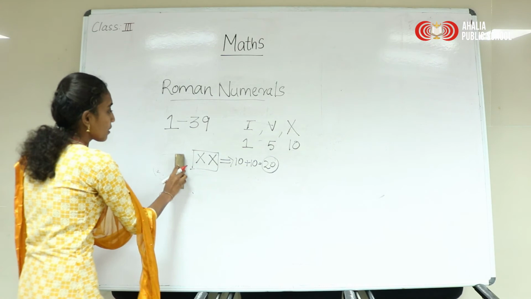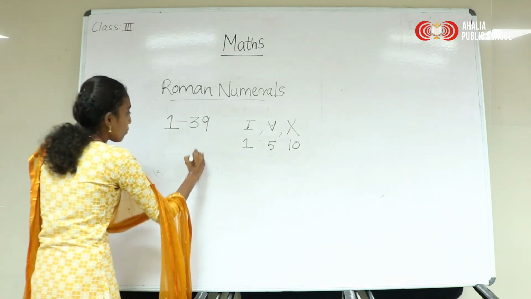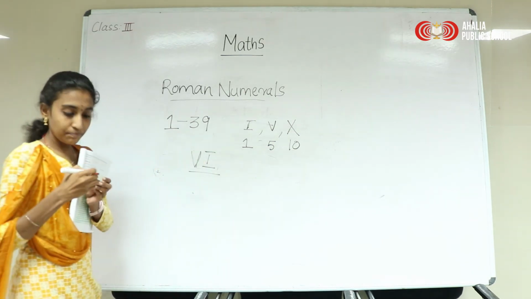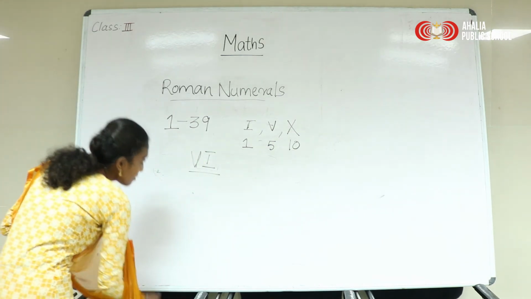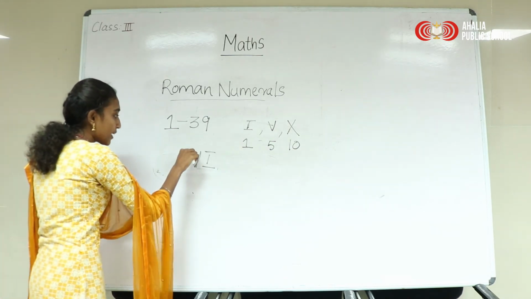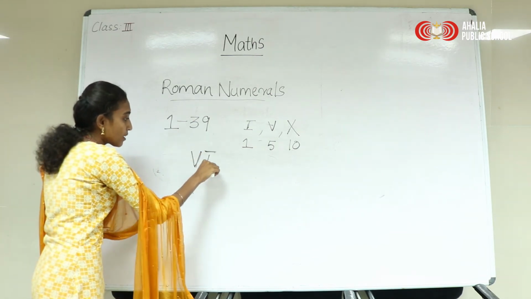So, one more example. What is this, children? Here we have a 5. Here we have a 1.